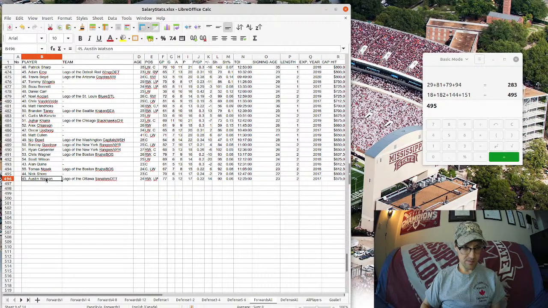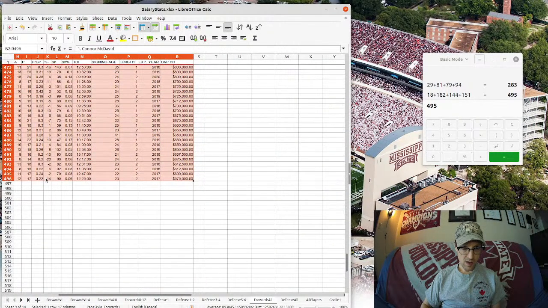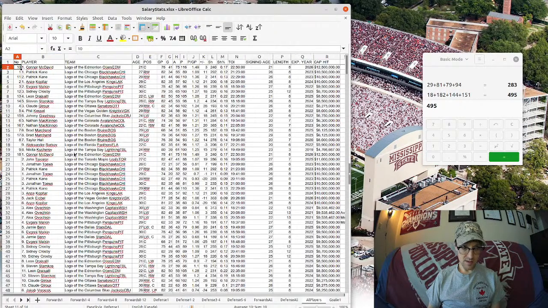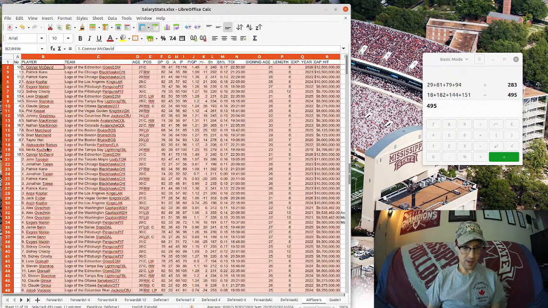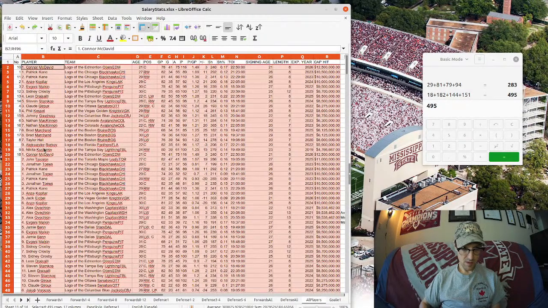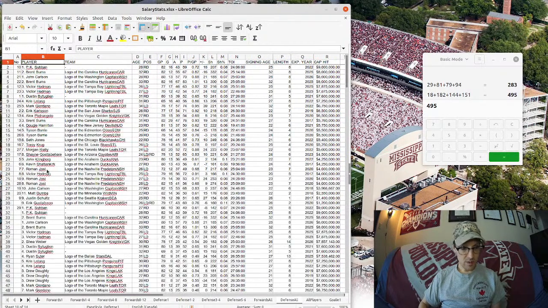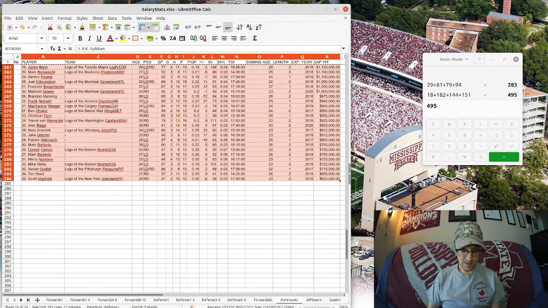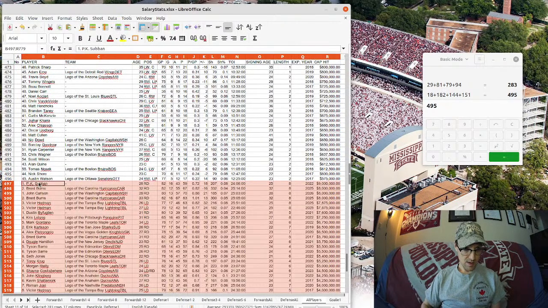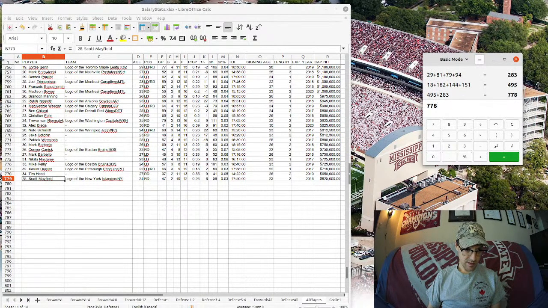Now we can copy all of these, paste, and then we want all of these, paste. 7, 7, 8.